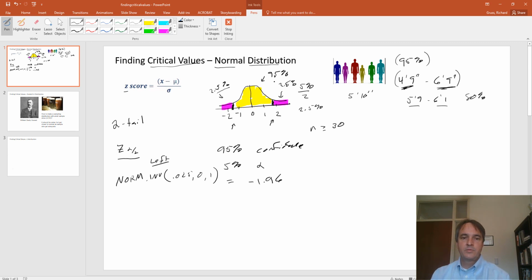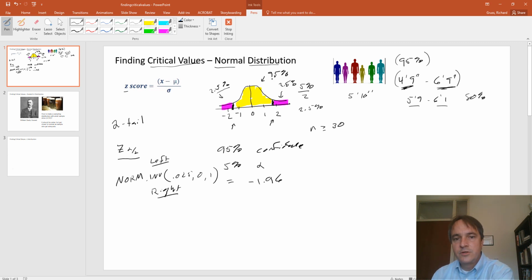Because we want to find 95% in here and leave 2.5% to the left and 2.5% to the right, we also need a right critical value. The one on the right is going to be accumulating all the way from negative infinity up to this probability.